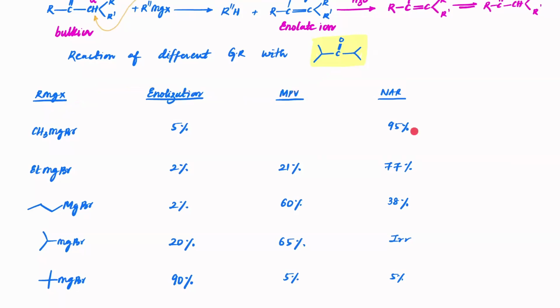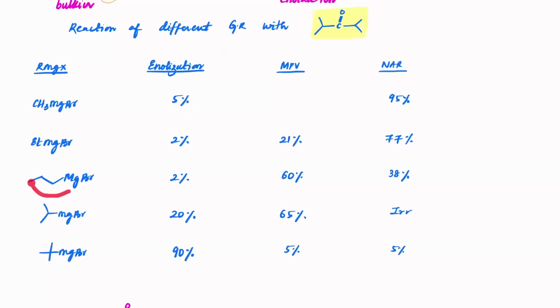Thereafter, the product should be formed, which is highly anticipated. Most of the time, that is the reaction which will happen. As it starts becoming more ethyl, slowly the percentage decreases. Some percentage will convert into MPV also, which means from here at beta position, hydrogen will go and give away H minus. Same way, if the bulkiness keeps increasing, the percentage of MPV starts increasing.